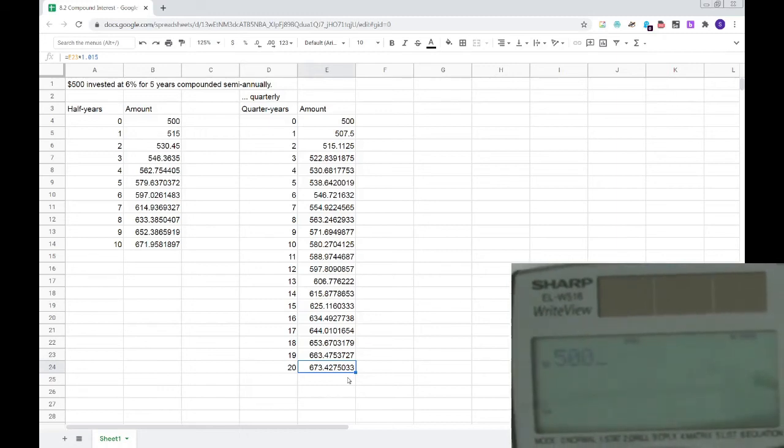Another way I could have shown my work, I could take that 6 divided by 4 and then raise it to the power of 5 years times 4.